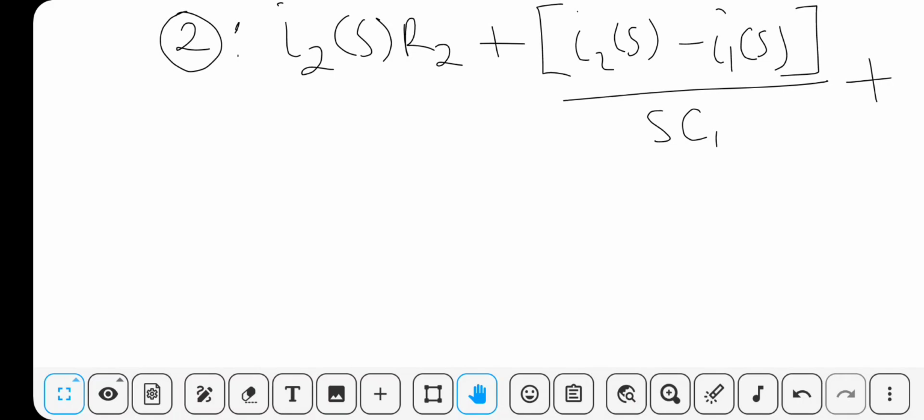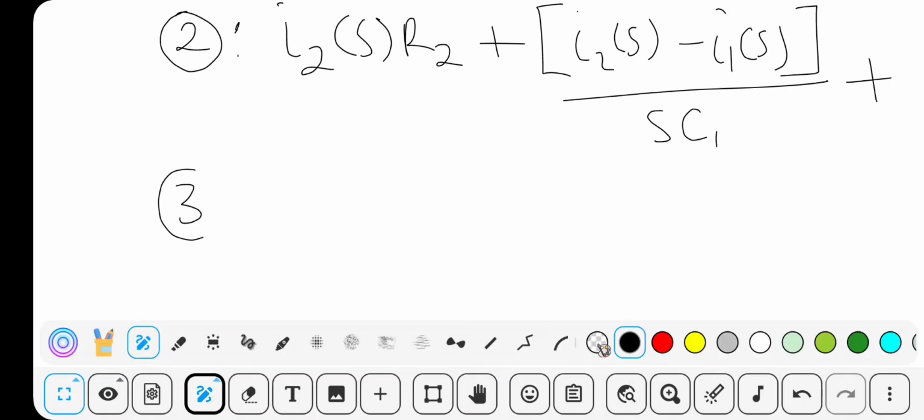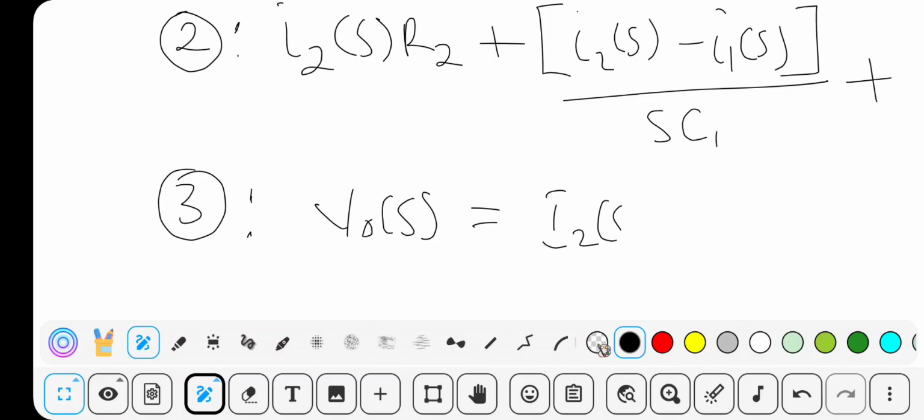That's for the second. Then the third one, taking the Laplace transform, you have V naught of S is equal to I2 of S divided by SC2.